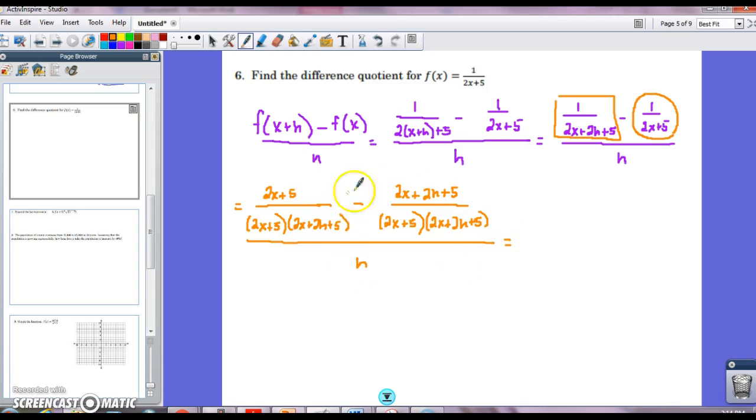So now I can combine the top into a single fraction. I end up with 2x plus 5, and then I'm just going to distribute that negative. So I end up with negative 2x minus 2h minus 5.